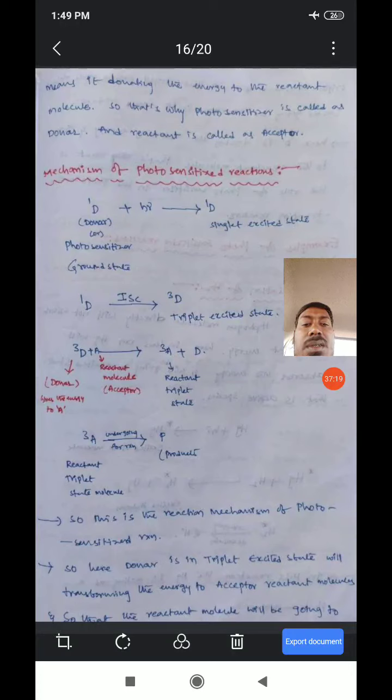So next, the mechanism of photosensitized reactions. Here D is a donor, or photosensitizer, a ground state molecule, which absorbs the light energy and forms a singlet excited state molecule.